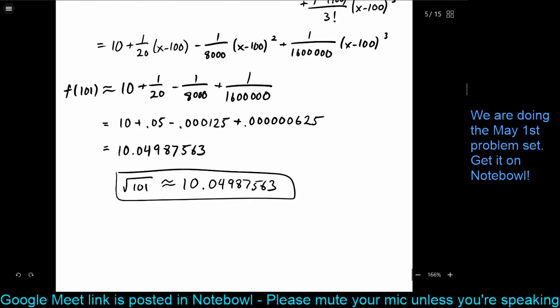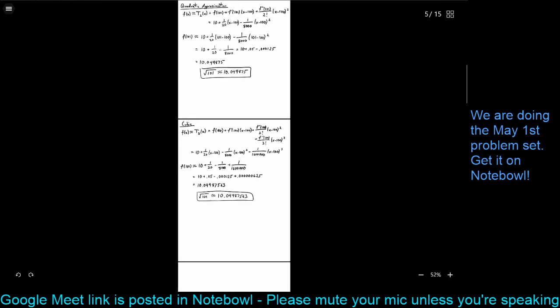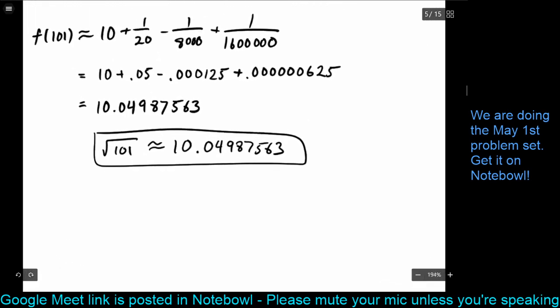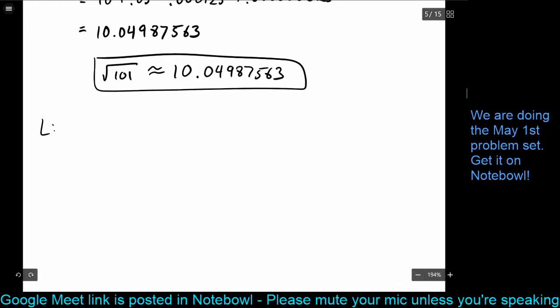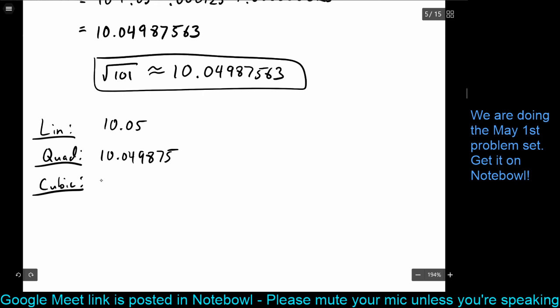So we have these varying approximations here. We had the linear, the quadratic, and the cubic. This one was 10.05. This one was 10.049875. And this one was 10.04987563.